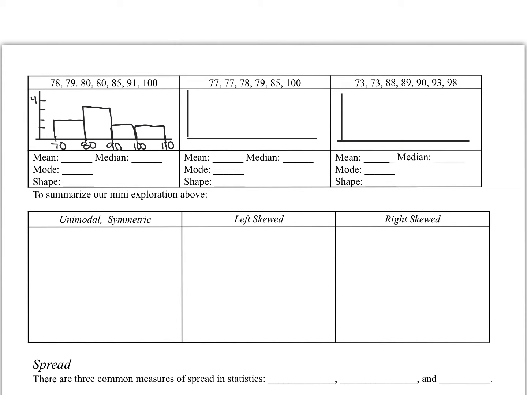So if I add up all of my numbers and I divide, I'm going to get a mean of 84.71. Okay. My median is going to be 80, and it just so happens that my mode is also 80.